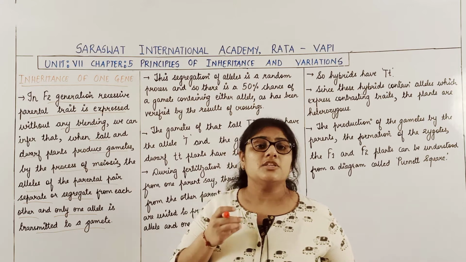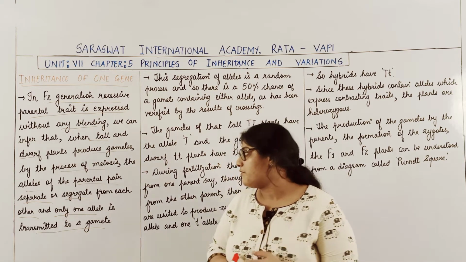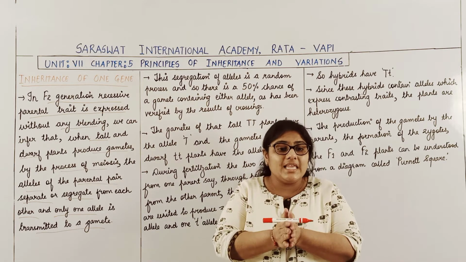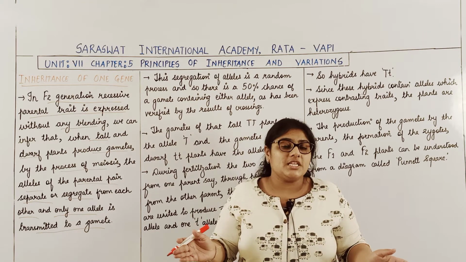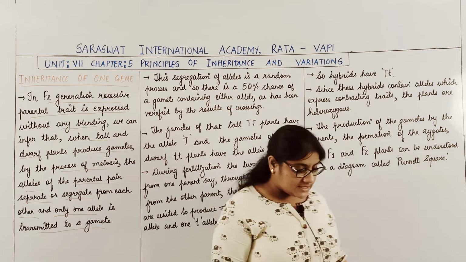So when the tall and dwarf plants produce the gametes by meiosis, of a pair of alleles, what will happen? The alleles separate from each other and only one allele is present in the gamete.